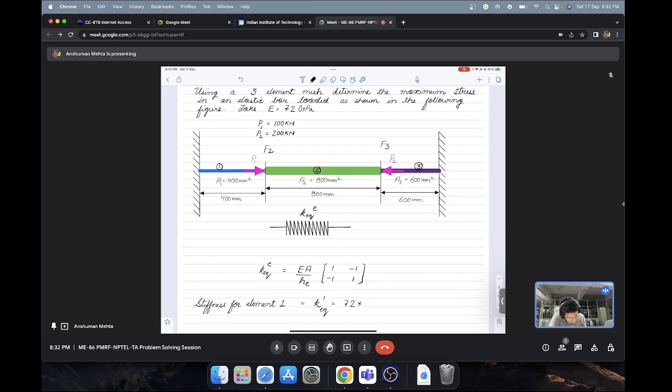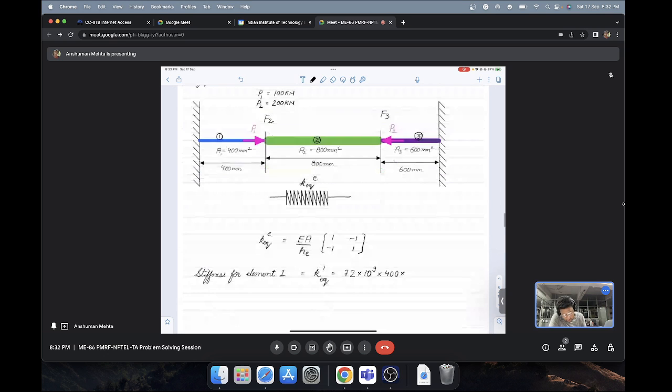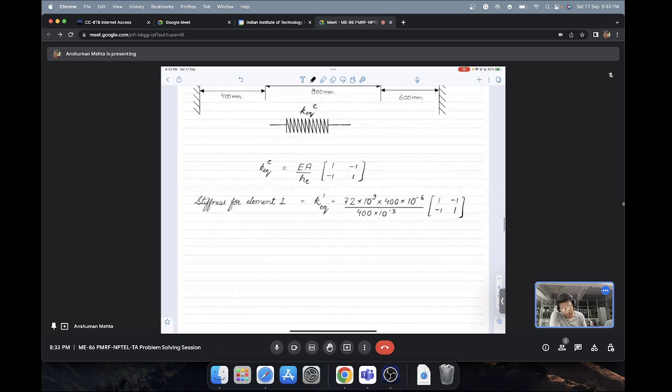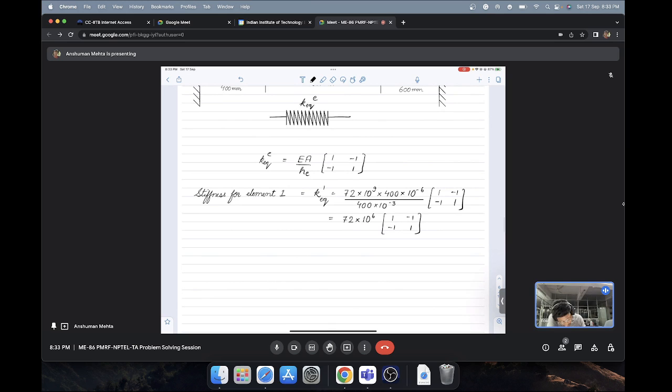E is 72 GPa. Similarly, the stiffness for element 2 we can find out.